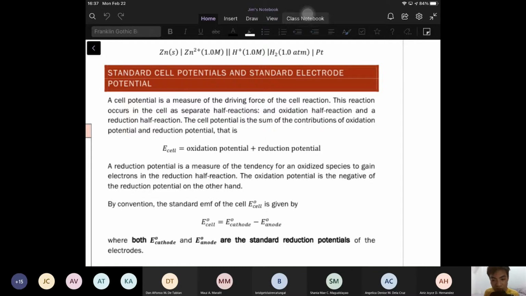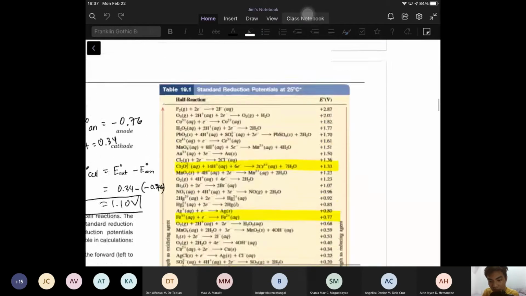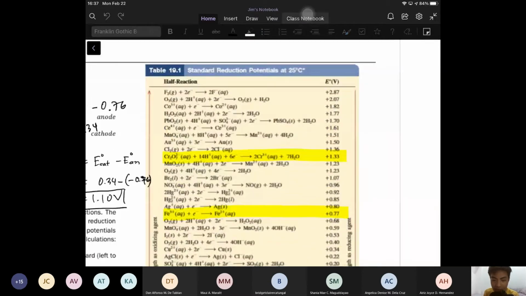Find out which is oxidized and which is reduced. Then you look at the SRP table, or the standard reduction potential table, and find the corresponding E naught of that reaction. E naught pertains to the standard cell potential, so it will tell you how much voltage this reaction will give off or consume.